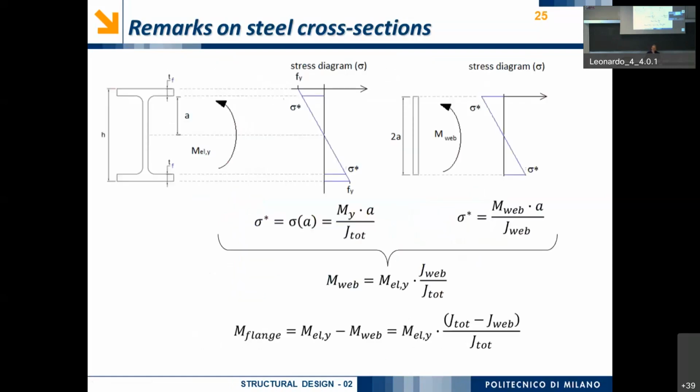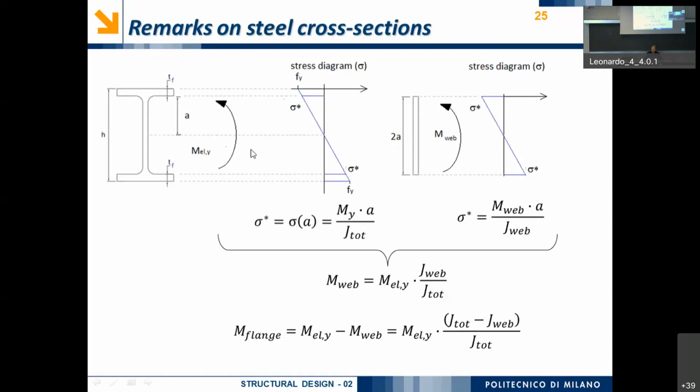But another interesting aspect is this one on the steel cross-section. If we are, for example, at the end of the elastic range, the acting bending moment is equal to the yielding bending moment.